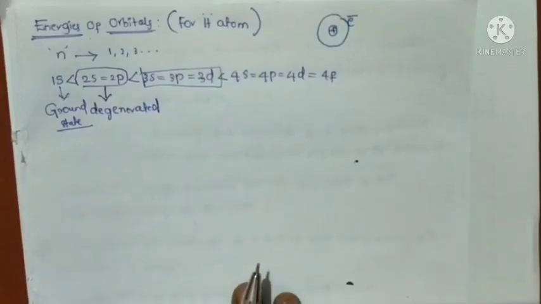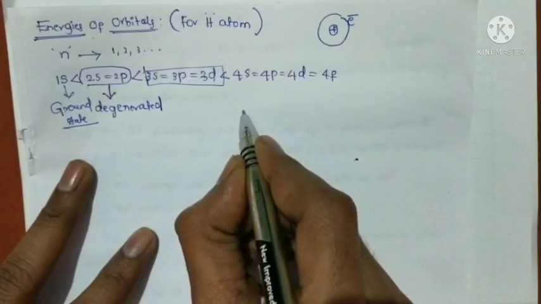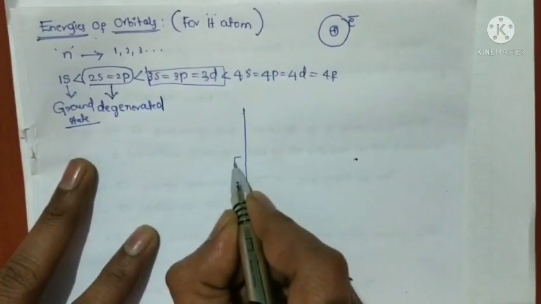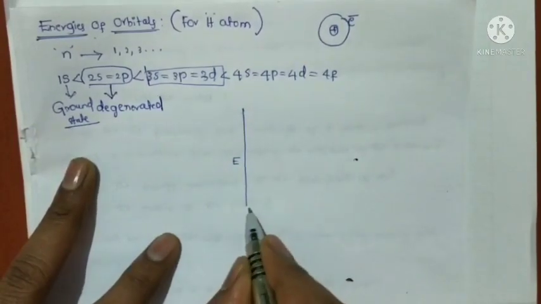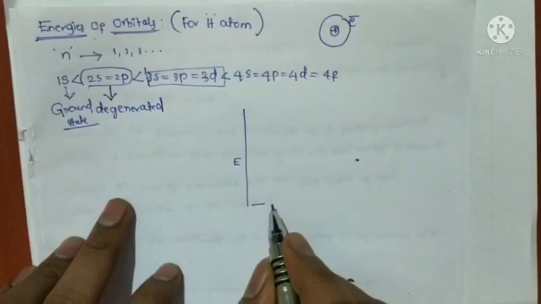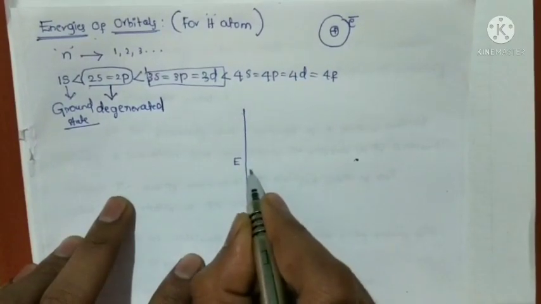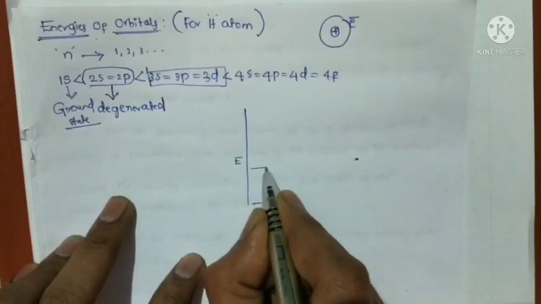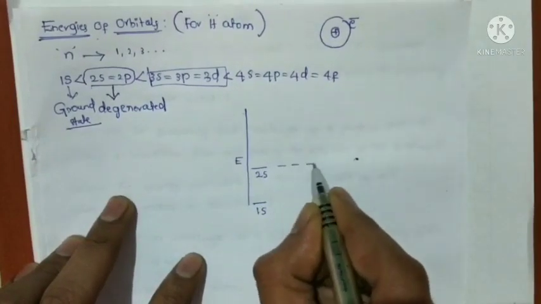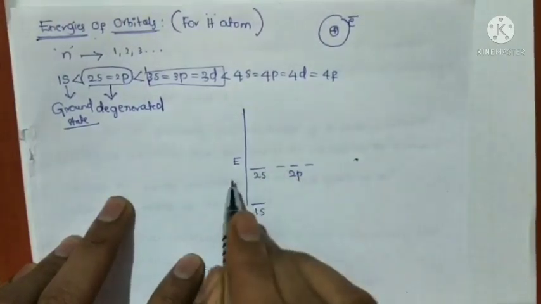Here one diagram is also present for the hydrogen atom. You will see it shows relative energies. Each line represents one orbital. Here is the 1s orbital. At another energy level is the 2s orbital, only one orbital, and 2p. These are the 2p orbitals, but all have the same energy.